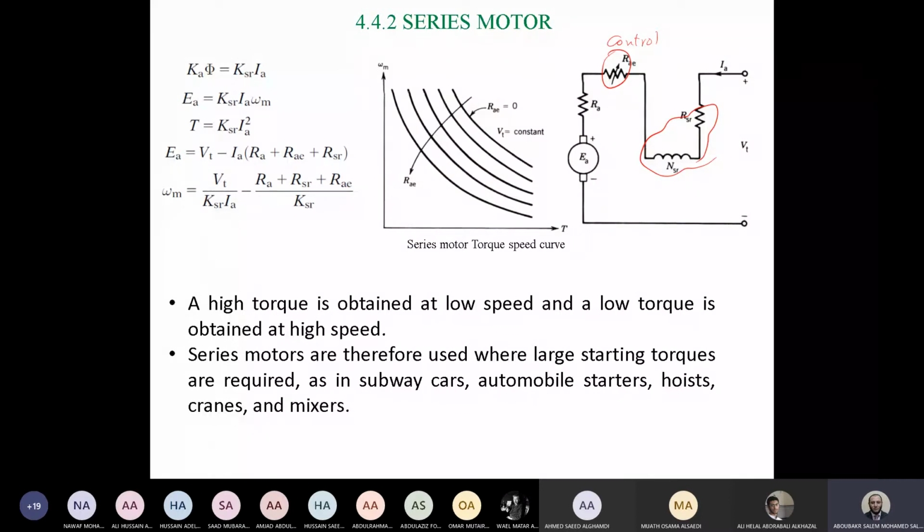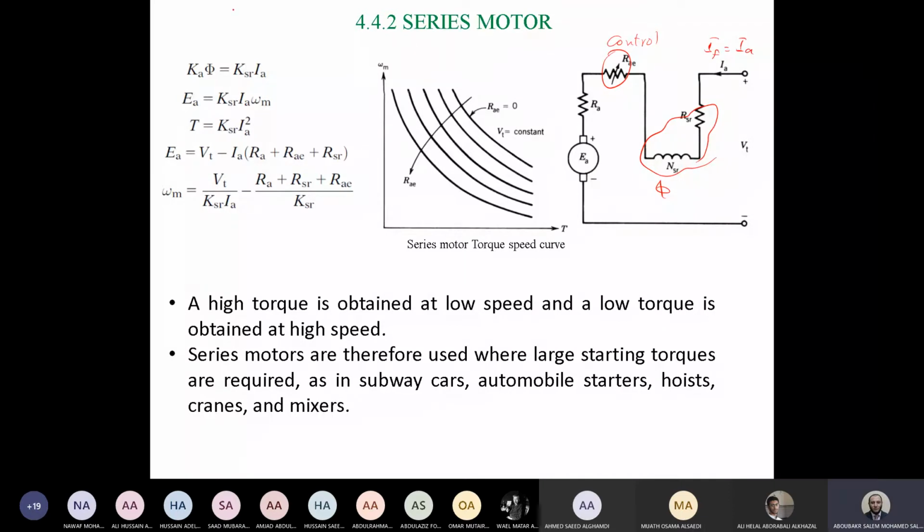Right. What will be the difference now? Is there any difference regarding the relations? You know, the field winding is responsible for the machine flux. Before, in separately excited, for instance, the field current was supplied from another source, and it was fixed. However, in this machine, the field current equals the armature current. So in our equations, we should consider that IF equals IA.